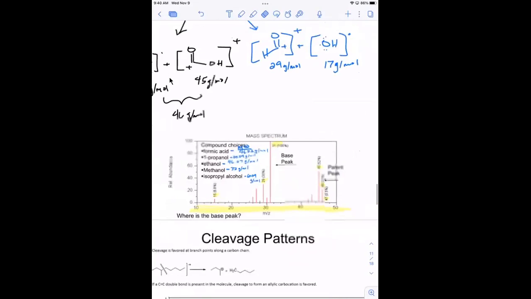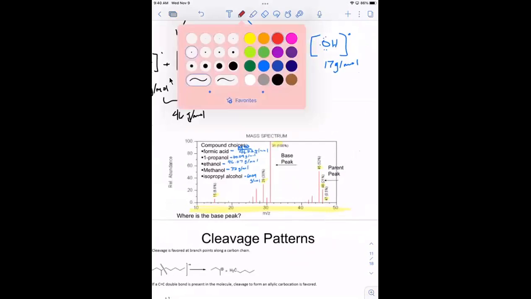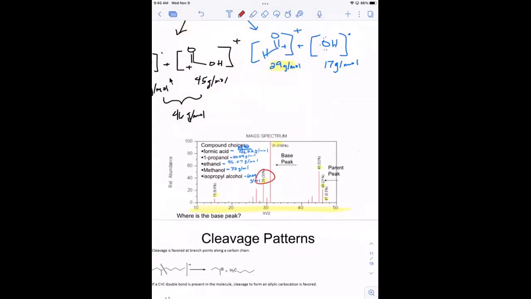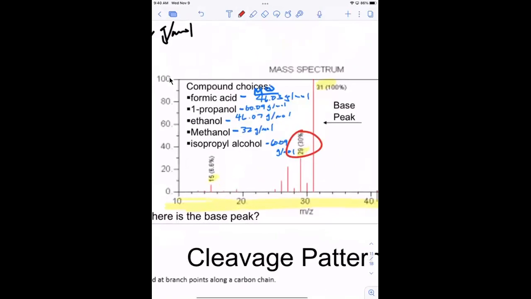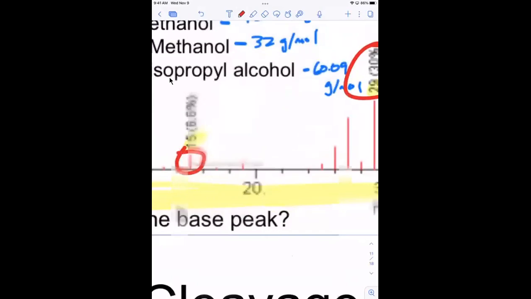We also see a peak at 29. Is that right? Yeah. And we see a peak at 17, maybe. If this is 15 right here, maybe this little small peak down here is at 17, maybe.